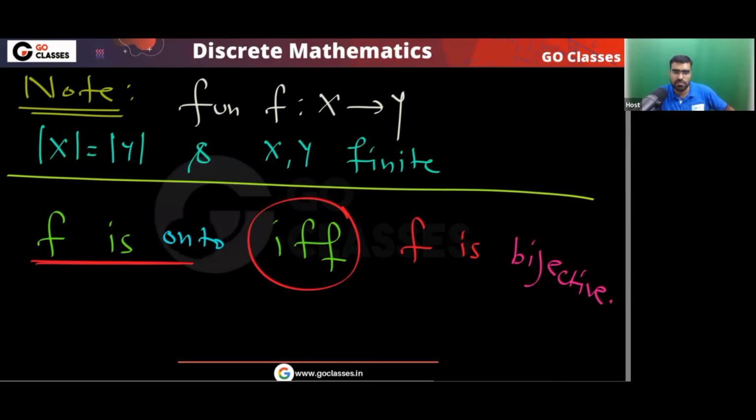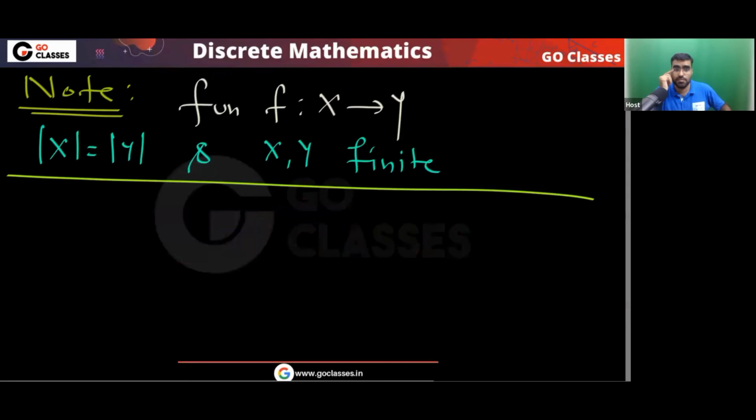A good question, an interesting question, right? Tell me, understood all these points? So this finiteness is also very important, and same cardinality. In these situations, 1, 1 and onto come together and go together.